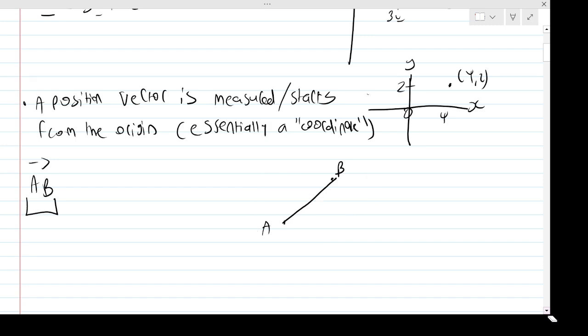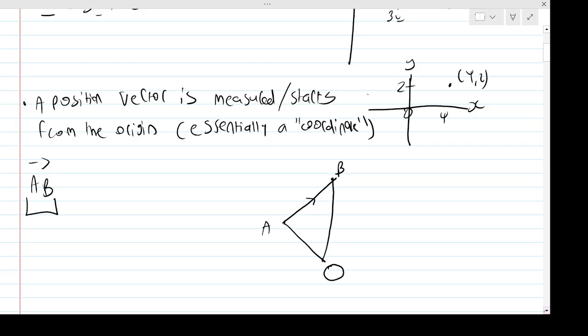But then if I consider position vectors, if we have an origin, origin 0, 0, I'll call it O, we can actually make a triangle in this way.